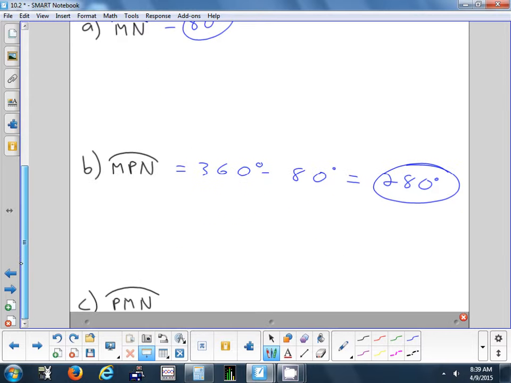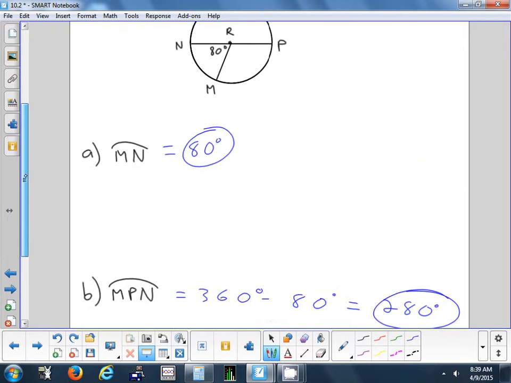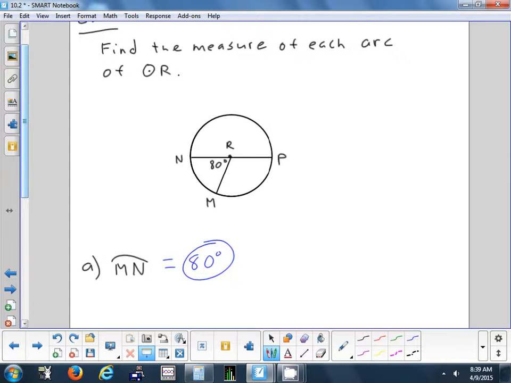Okay, and what's the last one they want? Arc PMN. Okay, PMN. Well, a hint for that is look at segment PN. What kind of segment is that? I don't think we have a mid-segment defined for a circle.